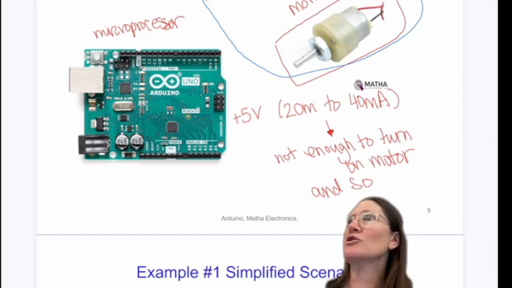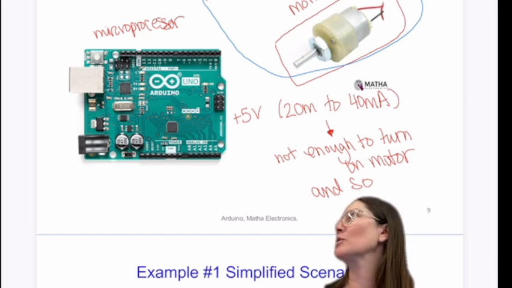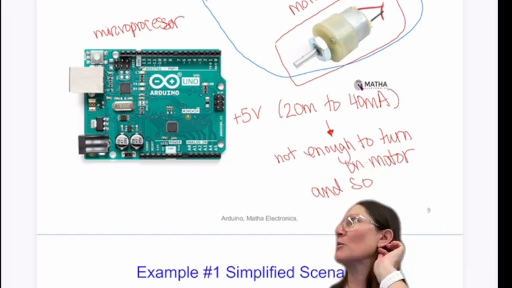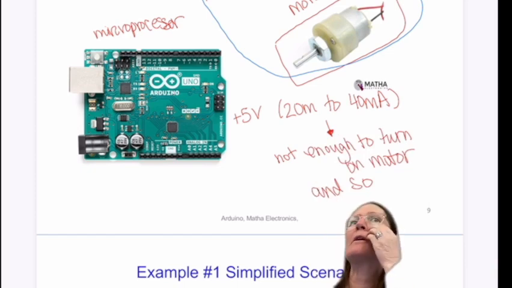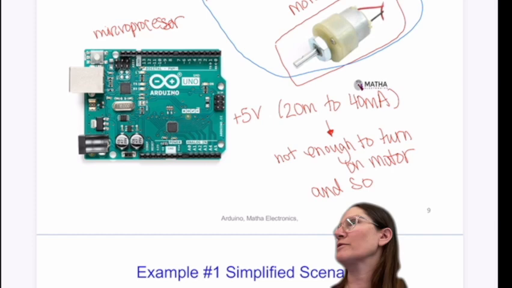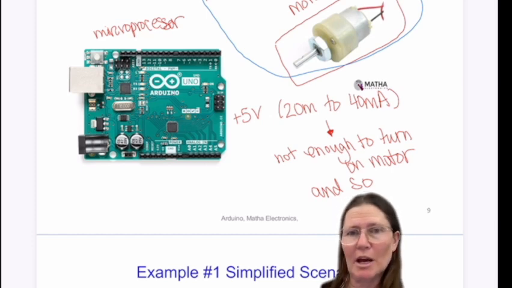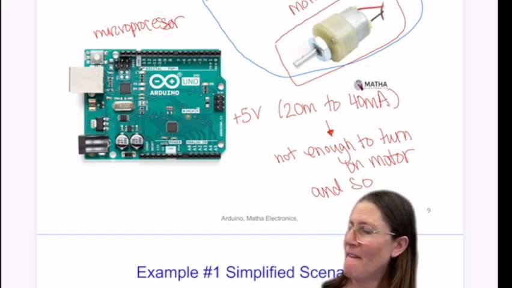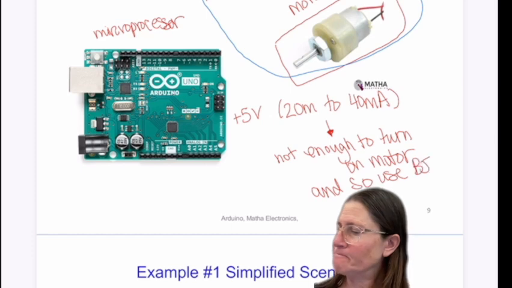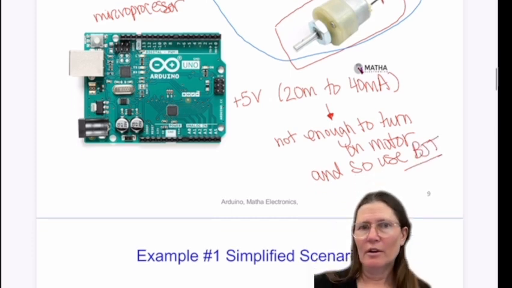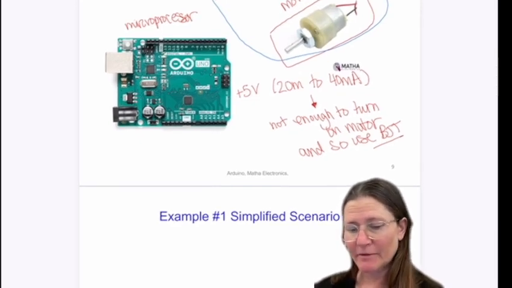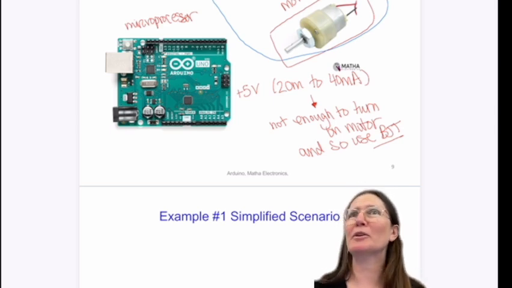One way to solve that is to use this switch with a different power supply that will turn the motor on once you have the control signal from the Arduino into the base of the BJT, saying turn it on or off. That's the most common application, and the most useful thing about the BJT for most of you as mechanical engineers.